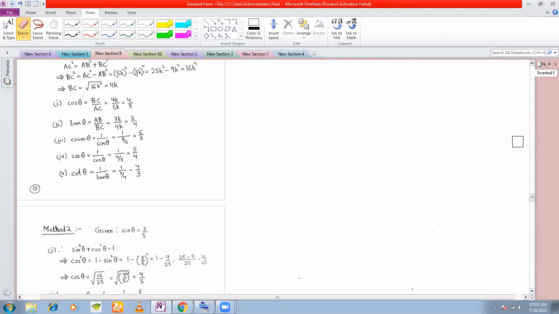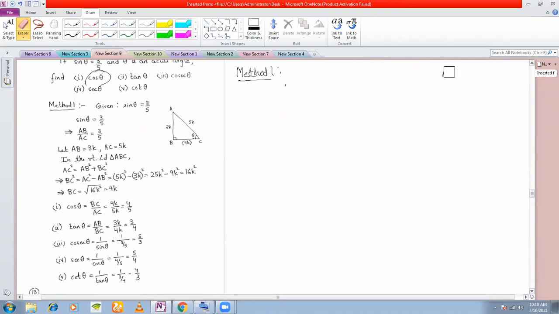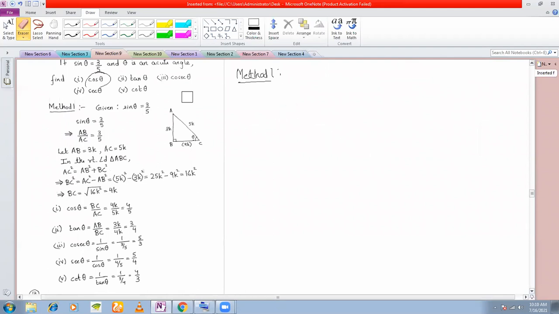Okay, method number 2. Given sine theta is equal to 3 by 5. So your first question is to find out cos theta. So you know cos square theta plus sine square theta is equal to 1.